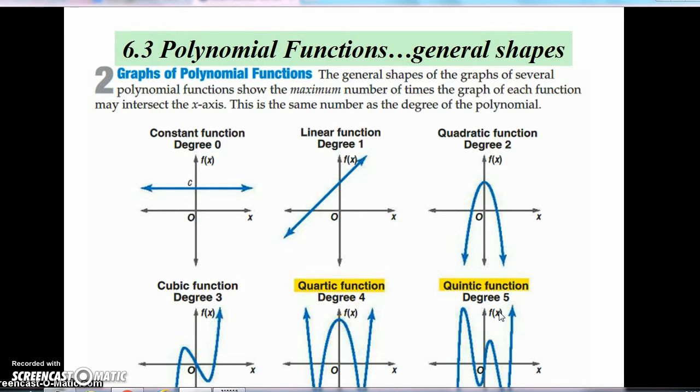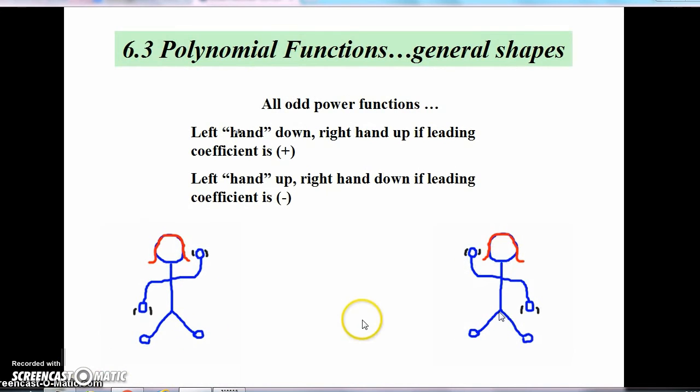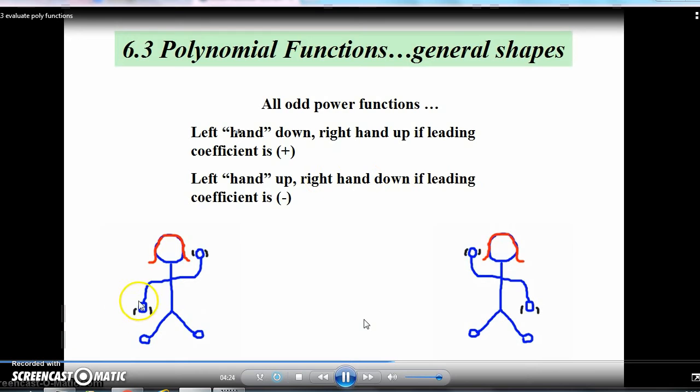So when we get back to the girls, you'll see the notes there for when you will have a hand up, hand down from left to right, or hands down up and then up down. If you think about the linear graph, this would be positive slope, rising left to right, so a positive leading coefficient.